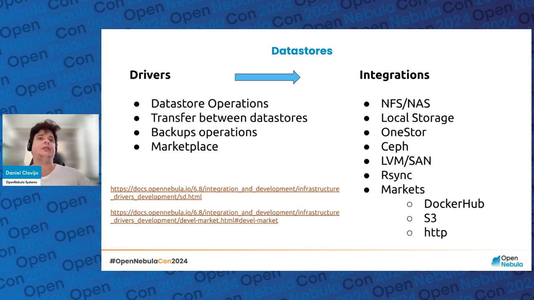And then we have the transfer process. We have a dedicated driver for that: the process of moving an image from an image datastore to the system datastore. This can be varied a lot. You can have a specific storage technology, for example LVM.